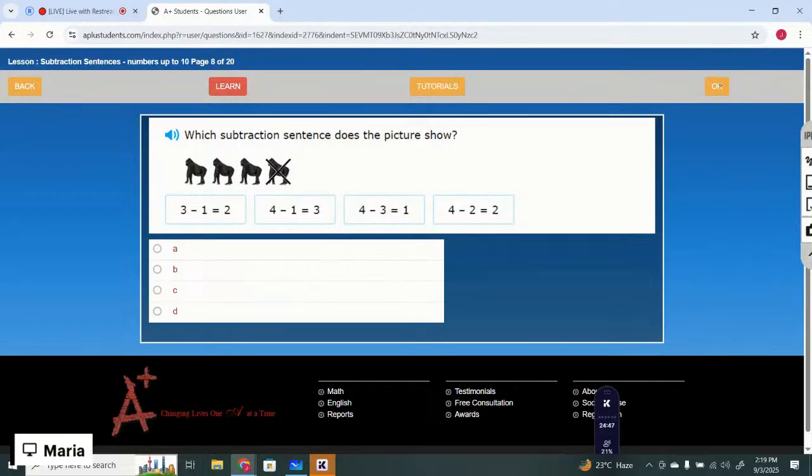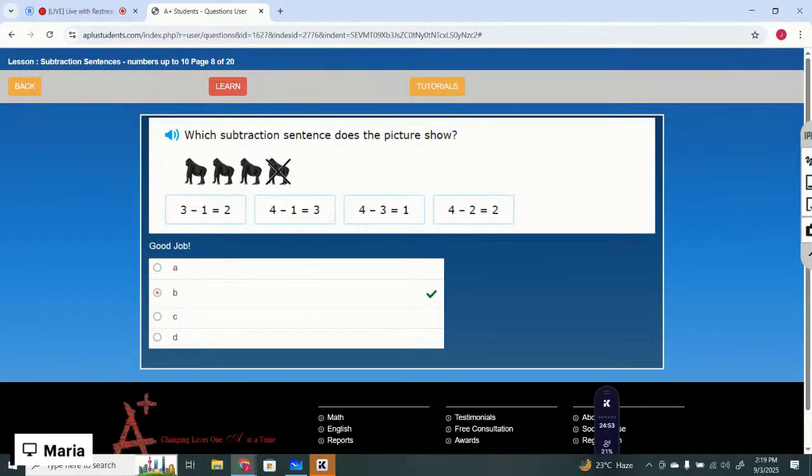Option B is the correct option. 4 take away 1 is 3. Correct option.